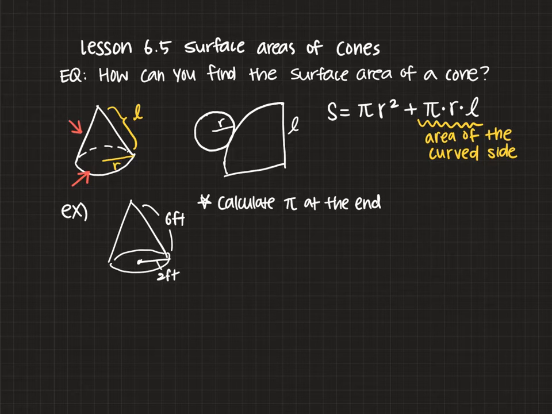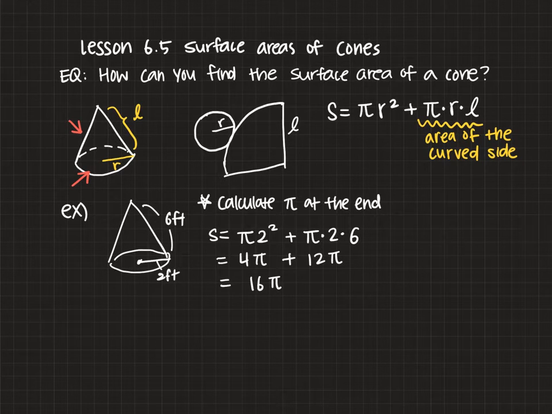So let's see. Surface area equals pi times 2 squared plus pi times 2 times 6. You're going to simplify that, and you're going to have 4 pi plus 12 pi. And you're going to have the final answer of 16 pi.